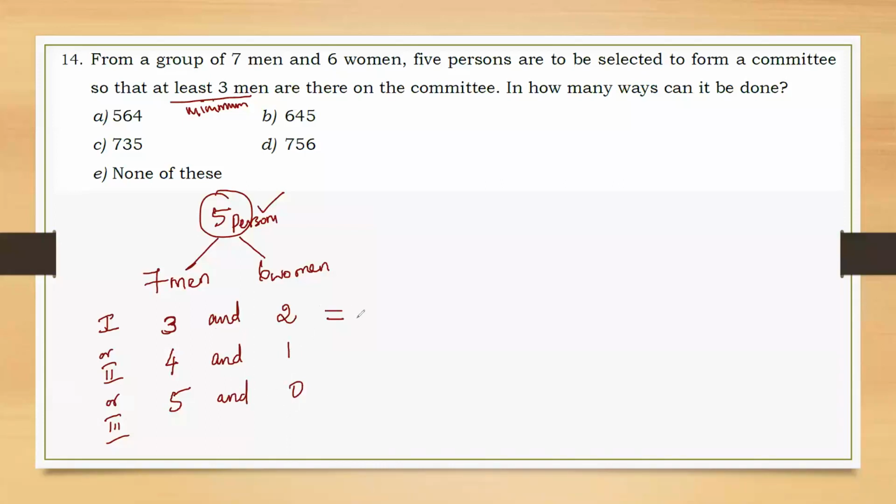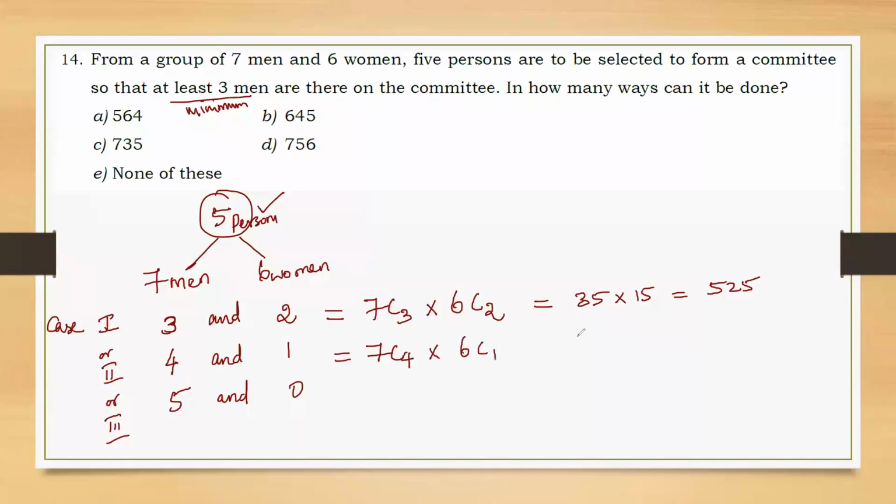So in the first case, we need to select 3 men. We have 7 men, so out of 7, we need to select 3, and into that, we need to select 2 women out of 6. So we'll get 35 into 15, which is 525. Similarly, you need to select 4 men out of 7 and 1 woman out of 6.